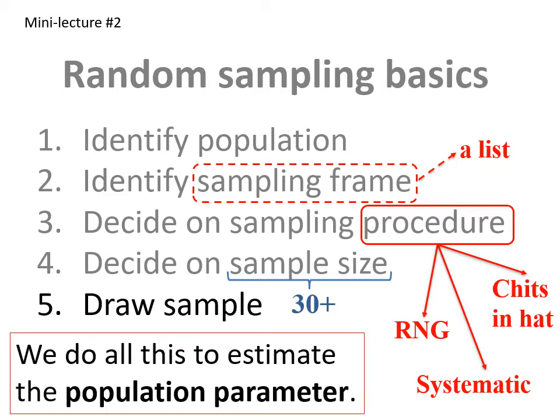And the reason we do all of this is to estimate the population parameter. And what's cool about this, sometimes it seems like witchcraft or voodoo, is that very often a random sample produces an estimate.